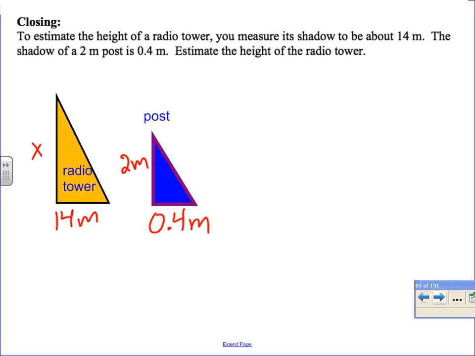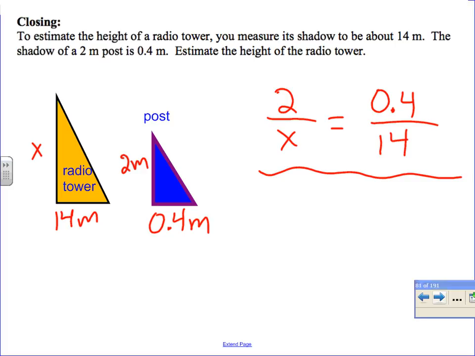If you don't know scale factors, there's 2 ways to do it. What's the proportion? Emma H. Yep. What's another proportion we could have used? That works. Annalise, what's another proportion we could have used? Yep.